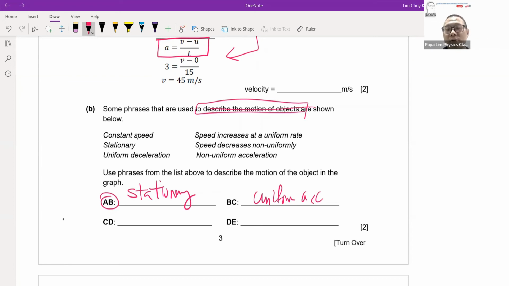If you have forgotten about it, you might want to look at my video in chapter 2. I left the link below regarding chapter 2 description of the graph. You might want to just refresh it if you have not gotten to that section during your revision timing.